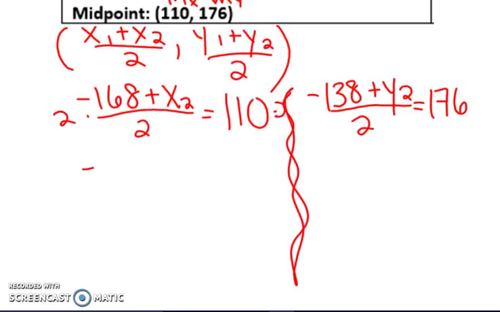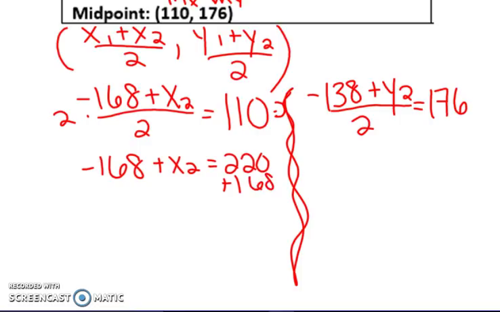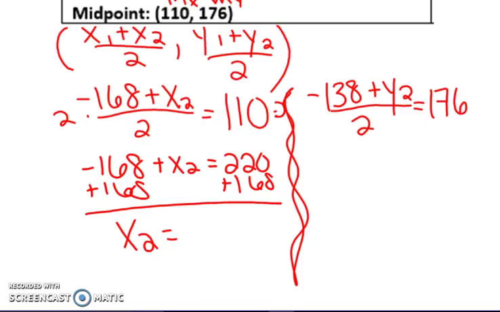Using our algebra, negative 168 plus x2 equals 220. We're going to add 168 to both sides, meaning x2 is going to equal 388. If I solve my y, again, we're still going to use the same algebra techniques.